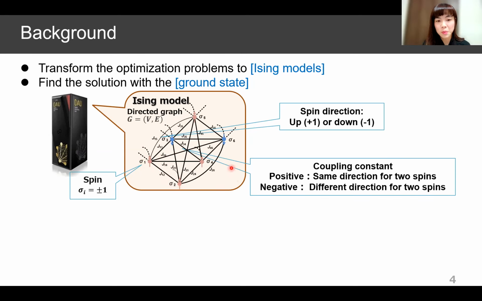If the two spin directions are the same, 1, 1 or -1, -1, the coupling constant is positive. If the two spin directions are different, like 1, -1 or -1, 1, the coupling constant is negative.